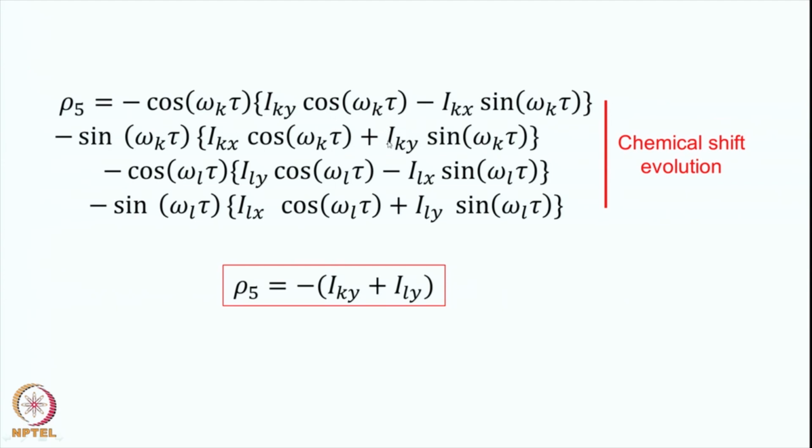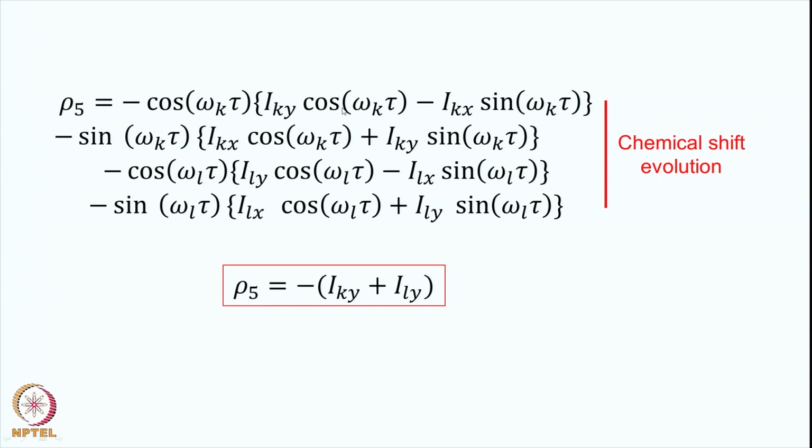Taking minus IKY, inside the bracket you will have cosine square omega k tau plus sin square omega k tau, which is 1, and therefore you get minus IKY. And what happens to this term? This is plus IKX sin omega k tau cosine omega k tau, and here it is minus sin omega k tau cosine omega k tau, so this will cancel.